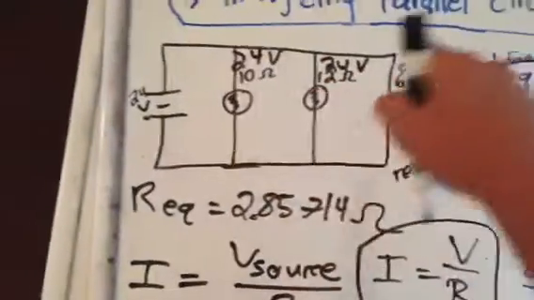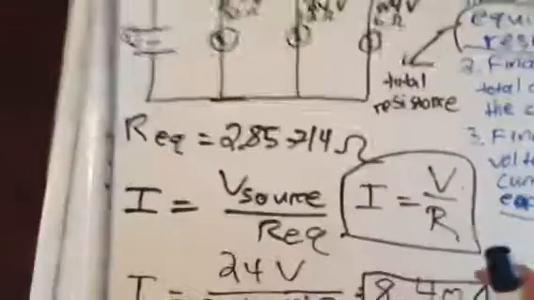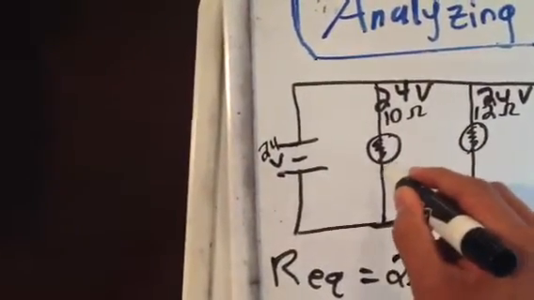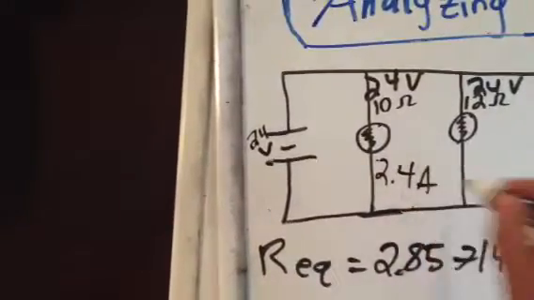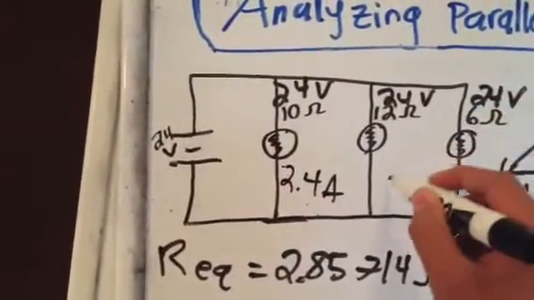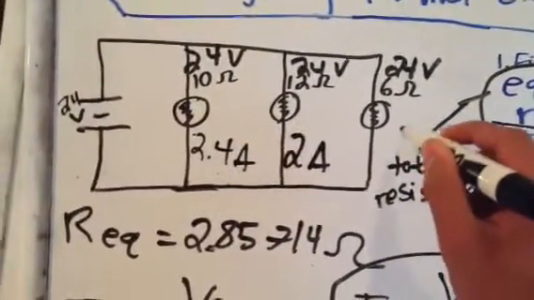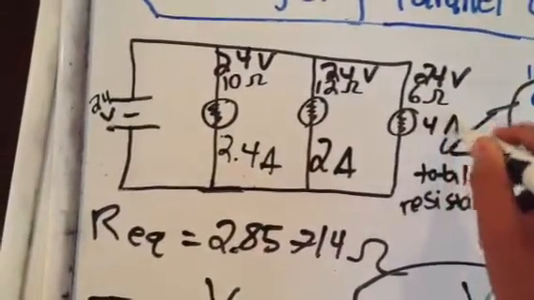Alright, so let's divide the pairs of numbers, and we're going to get I. So 24 divided by 10 is 2.4 amps. Again, include the units. 24 divided by 12 is 2 amps. And 24 divided by 6 is 4 amps.